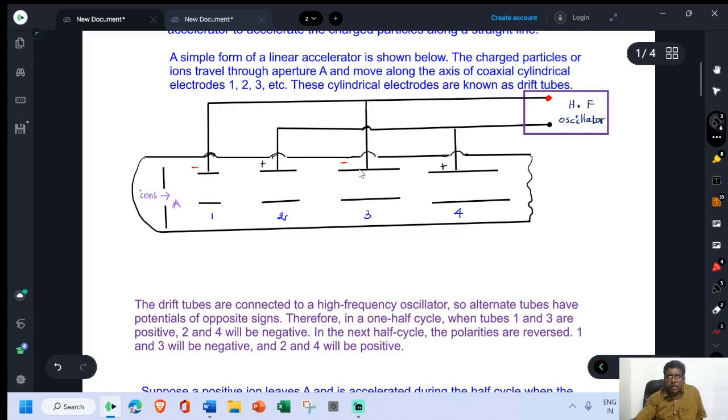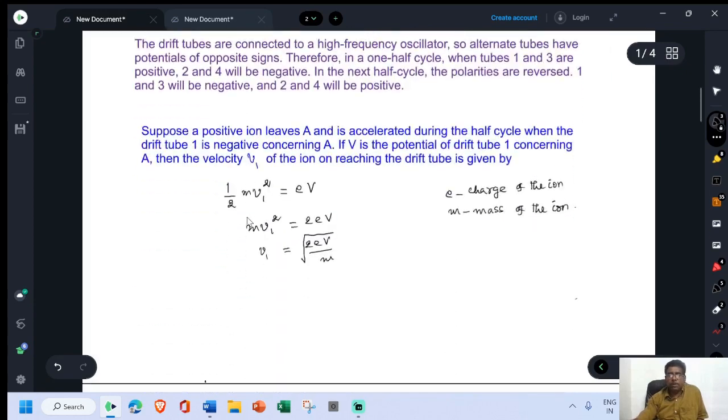If it is at negative potential, then only it will attract the positive ion towards it. Now the positive ion is accelerated towards the tube 3. If v3 is the velocity of the positive ion while entering the tube 3, then the value of v3 is root 3 times the velocity at tube 1. That means root 3 into v1.